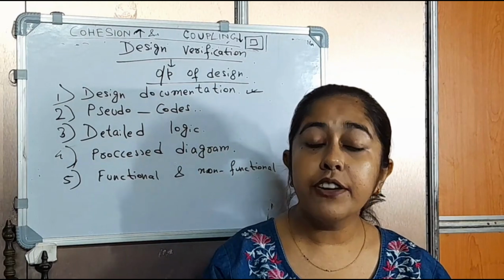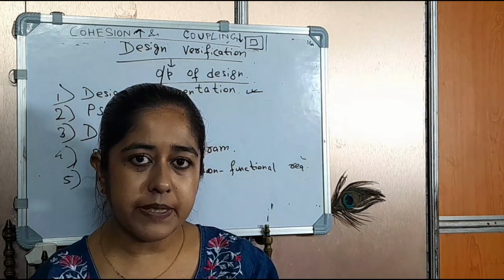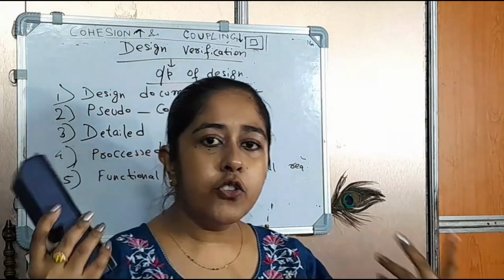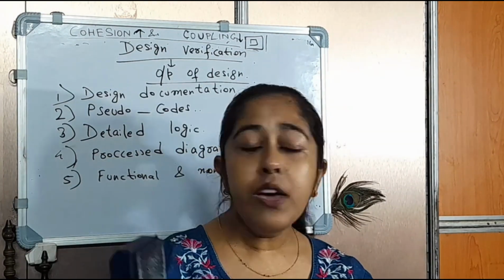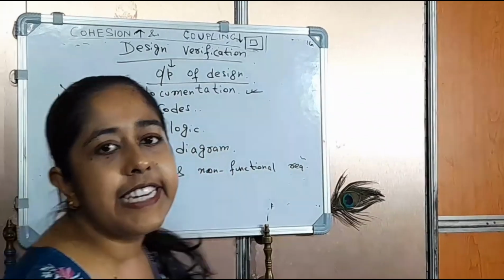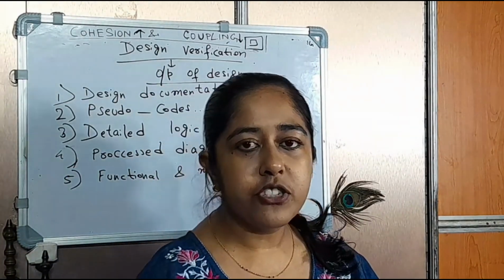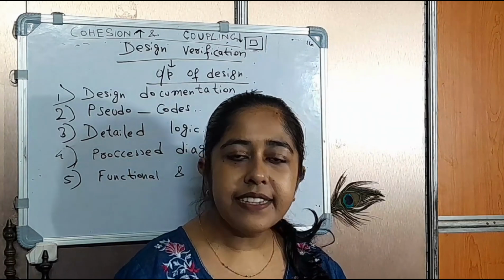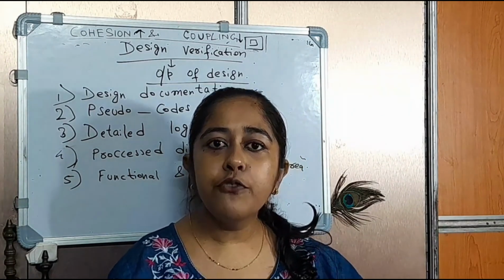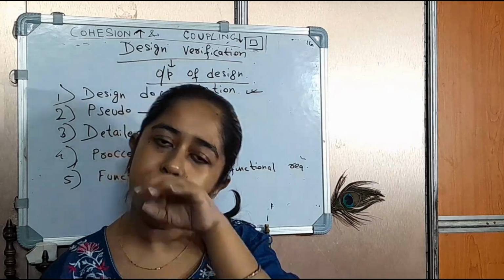You are having fresh details about your functional and non-functional requirements. Since your designing phase will give you these different kinds of things, which will obviously change or update the requirements, these are the outputs which you are getting after you have completed your designing phase.